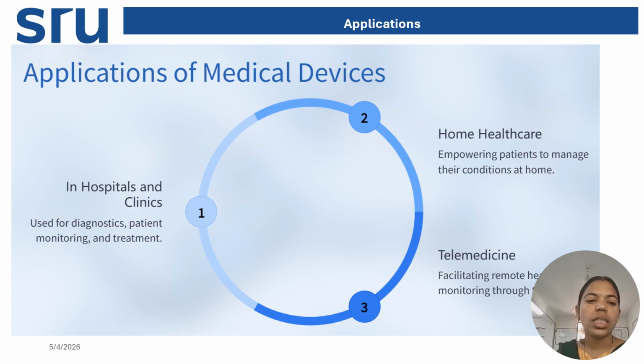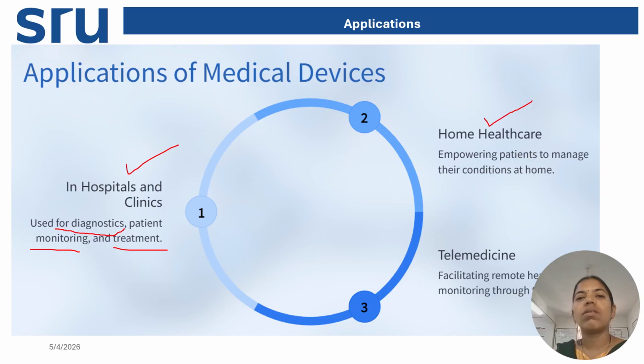Diagnosis will help the doctor to come to an idea about the condition of the patient. Monitoring means if we observe the patient for one week or 10 days, then we can optimize his treatment plan. Third one is the treatment. So these are used in the hospitals and clinics.